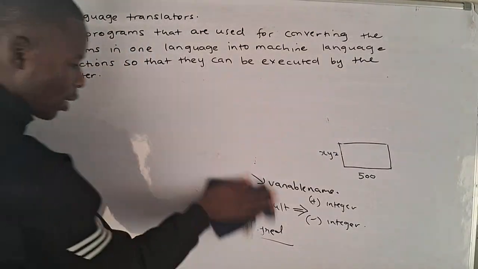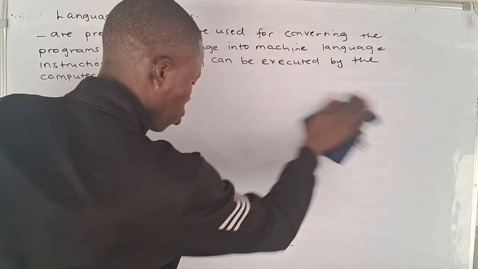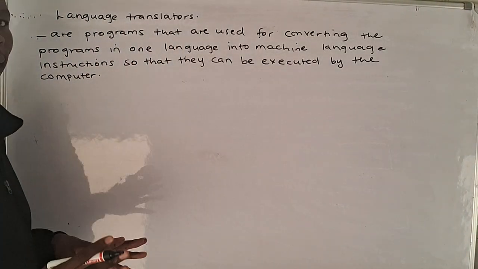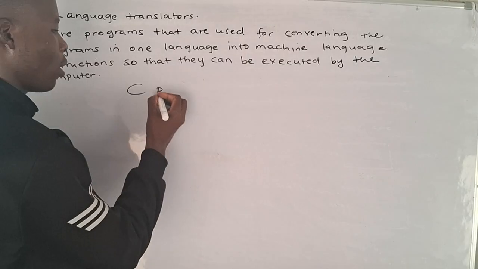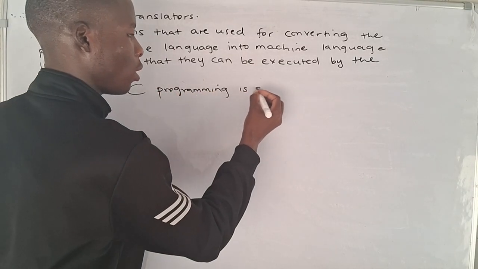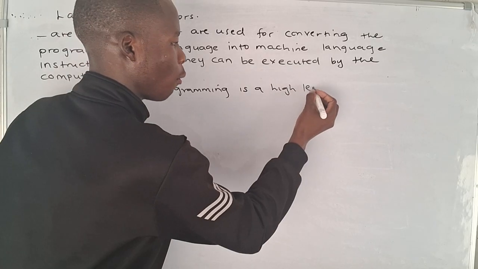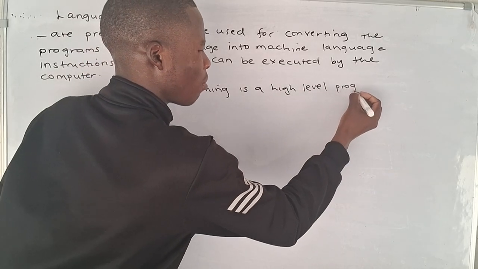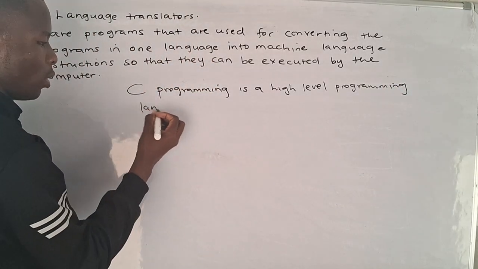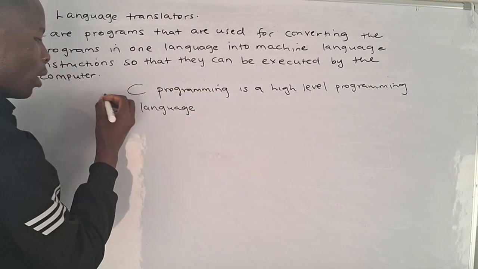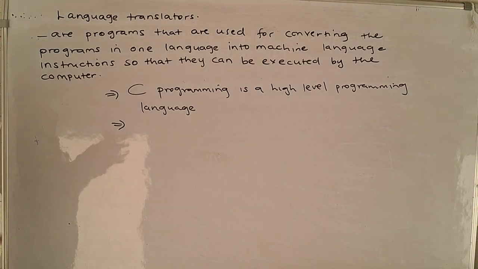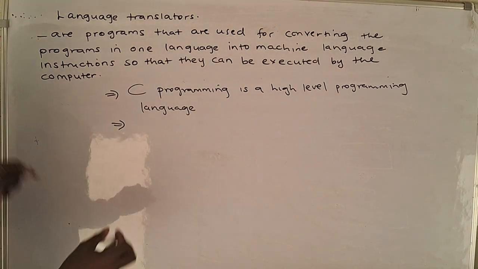Remember in the first class itself, I told you C programming is a high-level programming language. In the first class, I told you the different types of high-level programming languages.